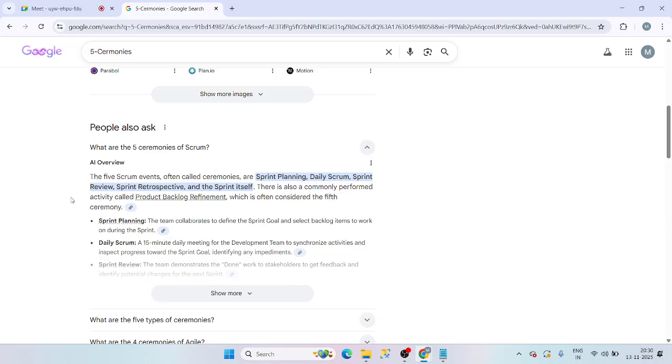Sprint itself, sprint planning, daily scrum, sprint review, sprint retrospective, and the sprint. These are also commonly performed activities, called product backlog refinement.